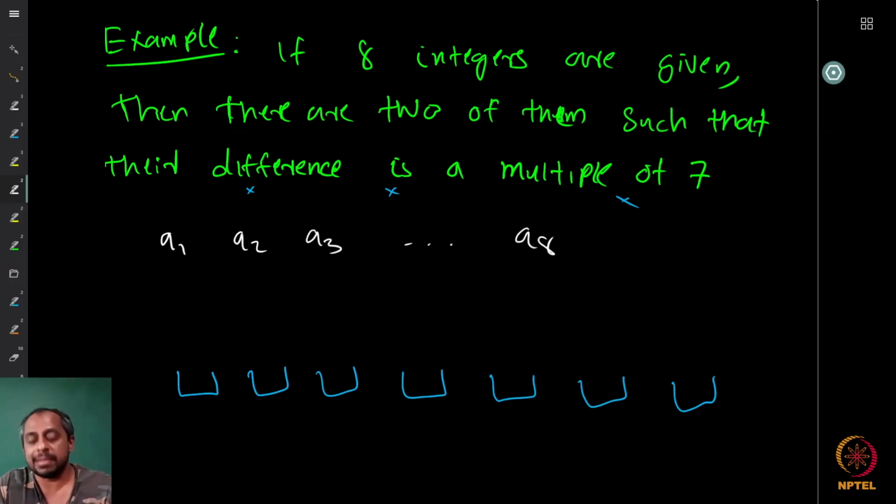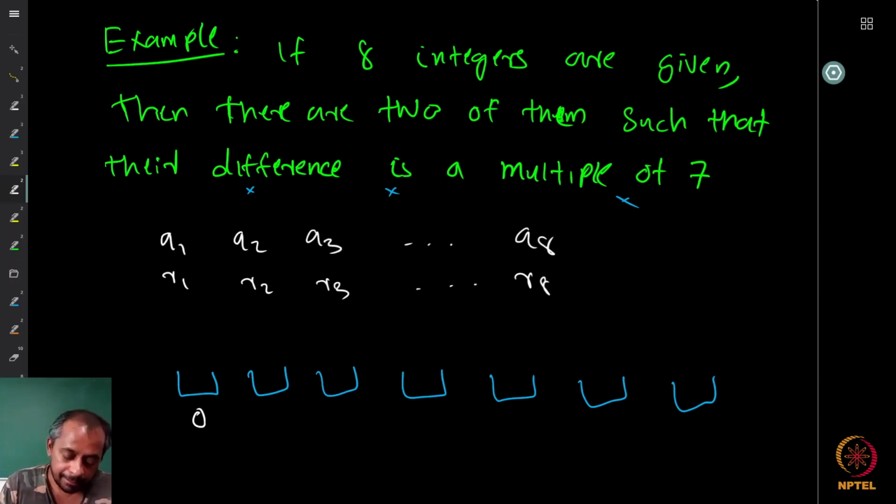Each of them I divide by 7. Then I get the remainders R1, R2, R3, up to R8. Now, when you divide a number by 7, what are the possible remainders? The remainder can be 0, 1, 2, 3, 4, 5, or 6. These are the only possible remainders when you divide by 7.